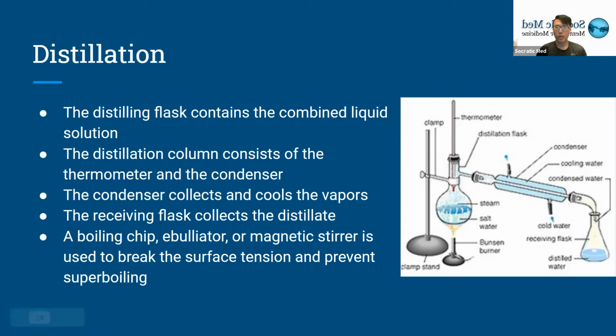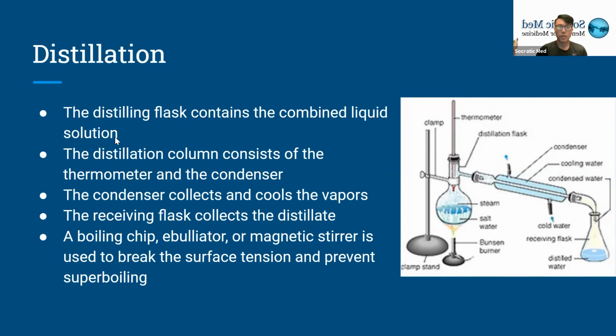These are used to break the surface tension and prevent superheating. It moves around in the liquid to break surface tension. This is important because if it gets too hot, the whole distilling flask will shatter, and your experiment will be ruined, because this whole technique is based on boiling the liquid.